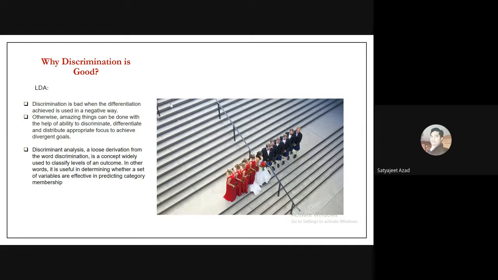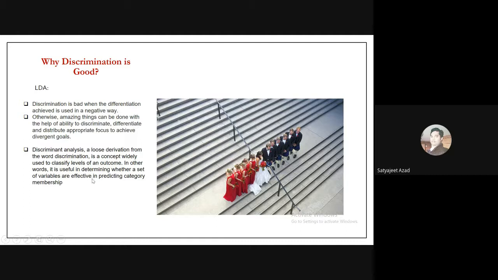Discriminant analysis is a loose derivation from the word discrimination. It's a concept widely used to classify labels of an outcome. This could be whether to give a loan to a person or not, and the labels could be no and yes. There are two labels, yes or no.